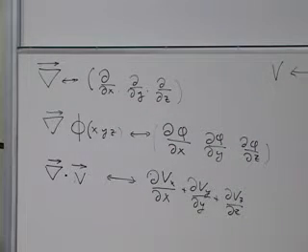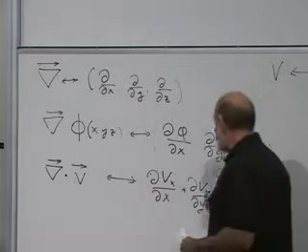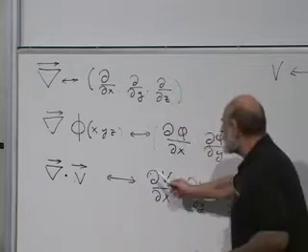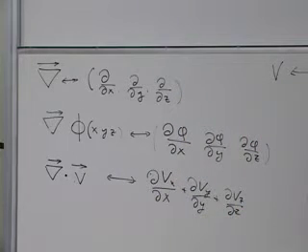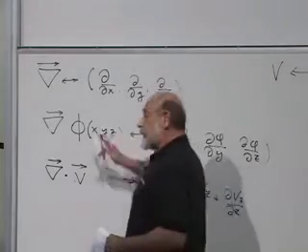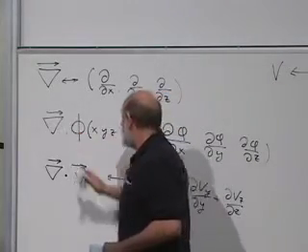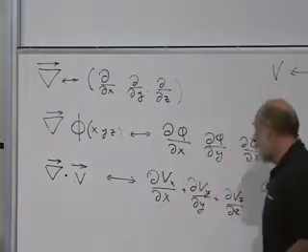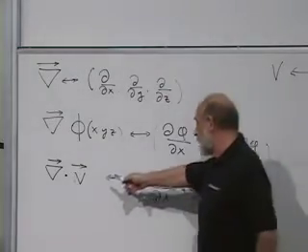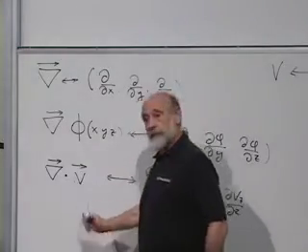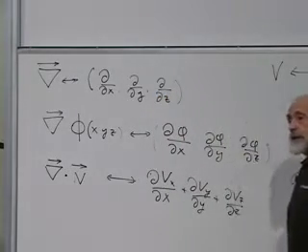It's a notational device for doing certain kinds of derivatives, partial derivatives, on various kinds of things. Now, if phi is a scalar, then del phi is a vector. What if V is a vector? What is del dot V? It's a scalar.